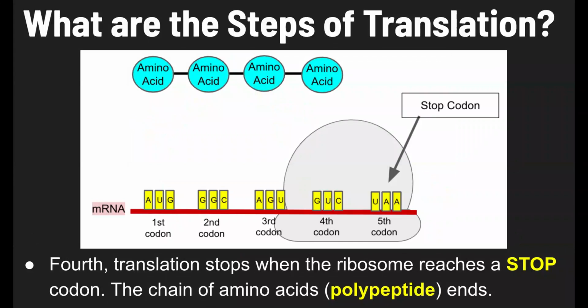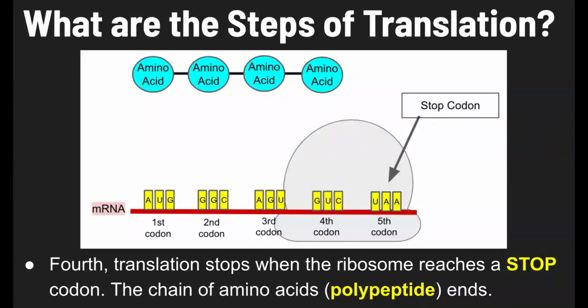So if you repeat those steps over and over, you're going to get a chain of amino acids. And that chain of amino acids is called a polypeptide. Eventually, the ribosome is going to reach a stop codon, a codon that tells the ribosome this is the end.